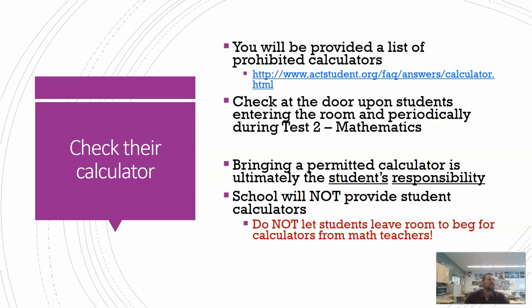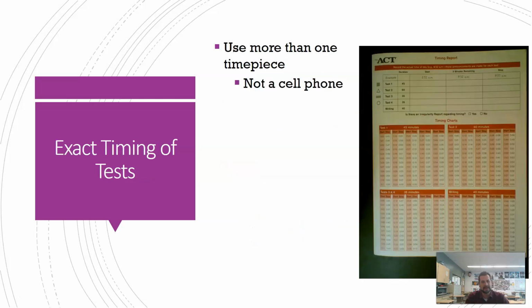It is the student's responsibility to bring a calculator, but if they don't, if you really feel like you want to provide them with one, that's fine, but we will not provide every student with one. So if you're going to provide one, you better make sure that you've got enough for everybody in your room. If they have not figured out where to get a calculator ahead of time, don't let them come down and beg the math teachers. The problem with that is that will make it so testing starts later, which we could run into issues with, okay?